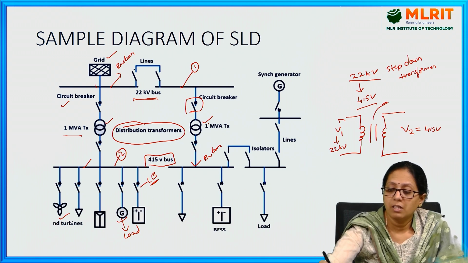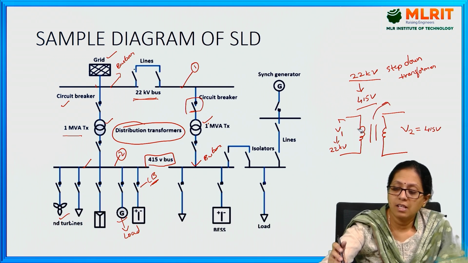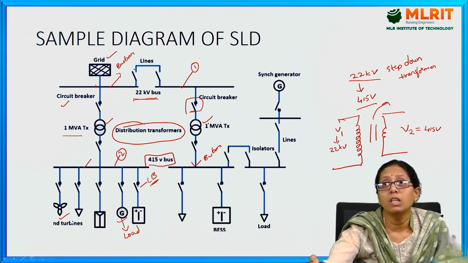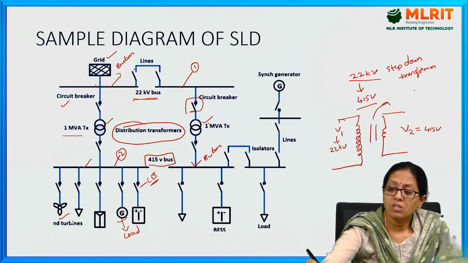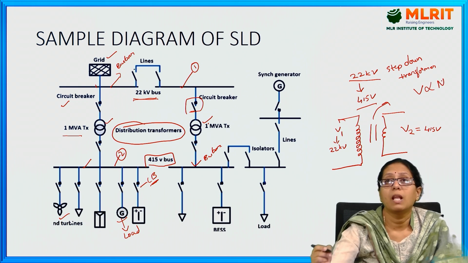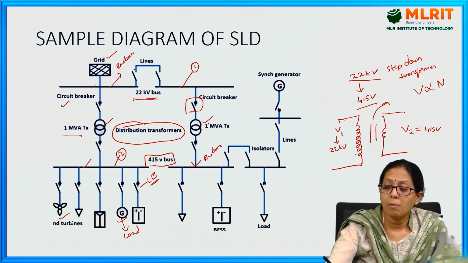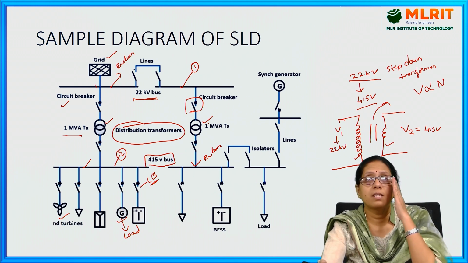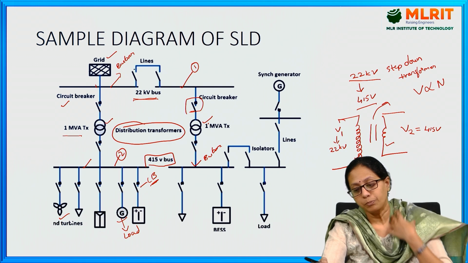And this particular transformer, as it is a step down transformer, the voltage on the primary side is more when compared to the voltage on the secondary side. As we know, the voltage is directly proportional to the number of turns. So primary side turns should be more when compared to the secondary turns, as it is a step down transformer.